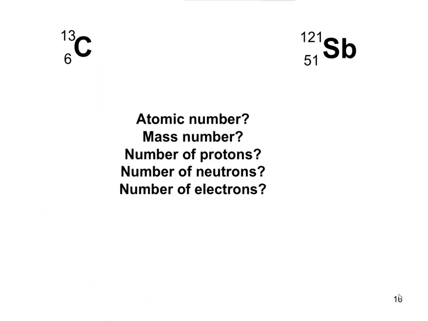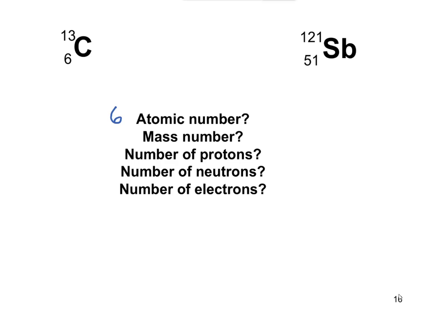Looking at these 2 examples, there are a number of questions: what's the atomic number, the mass number, and the number of protons, neutrons, and electrons? For the one on the left, carbon, the atomic number refers to the number of protons, and that's going to be 6. That's the lower number here, and it doesn't even necessarily need to be written there because we can look it up on the periodic table.